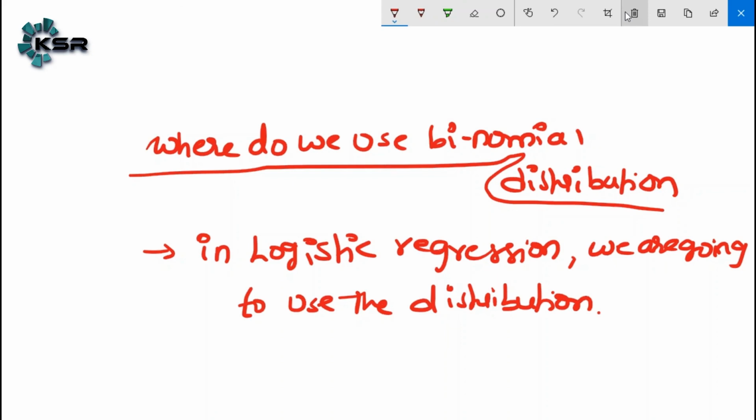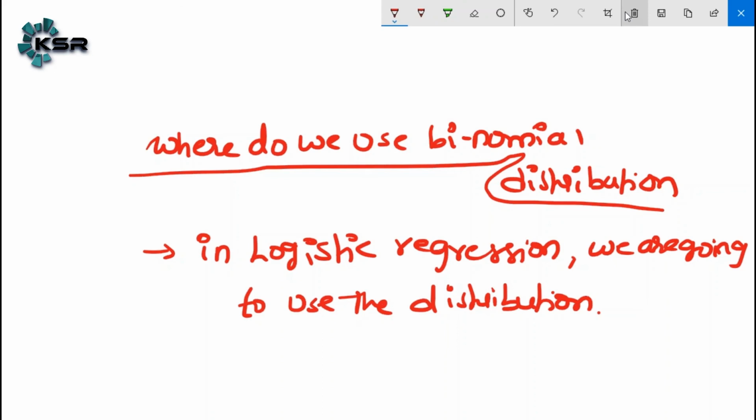In logistic regression, we have dependent variables and independent variables, and the dependent variable has only 2 cases, 0 or 1. To find the predicted probabilities, we are going to use the binomial distribution.